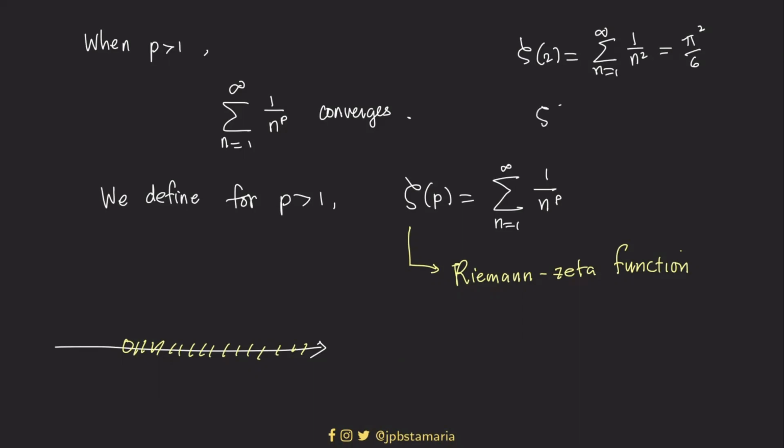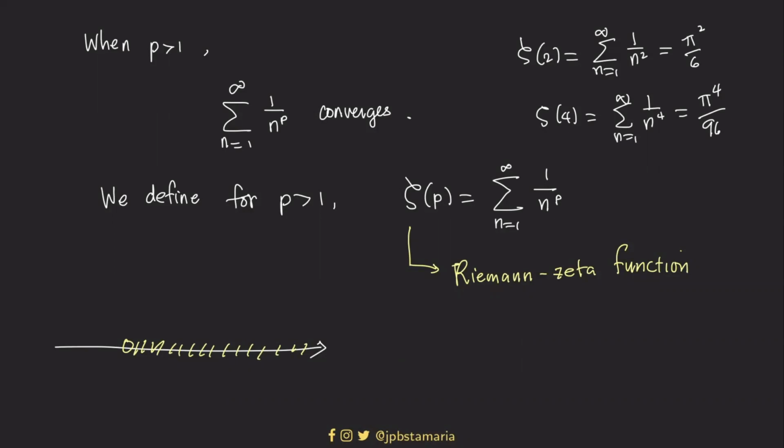Ano ba, ang zeta of 4, natutunan na Riemann. Kung di ako nagkakamali, sana tama ito. Ito'y pi to 4 over 90. If I'm not mistaken, ba't may mga pi? Ba't may mga ganun? Oh, anyway, those are some of the values of the zeta function.